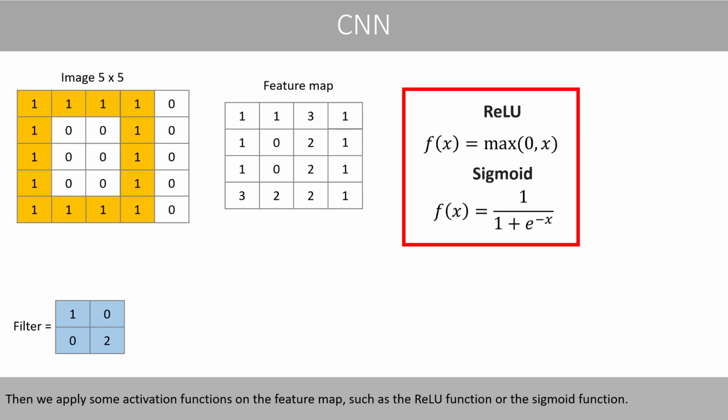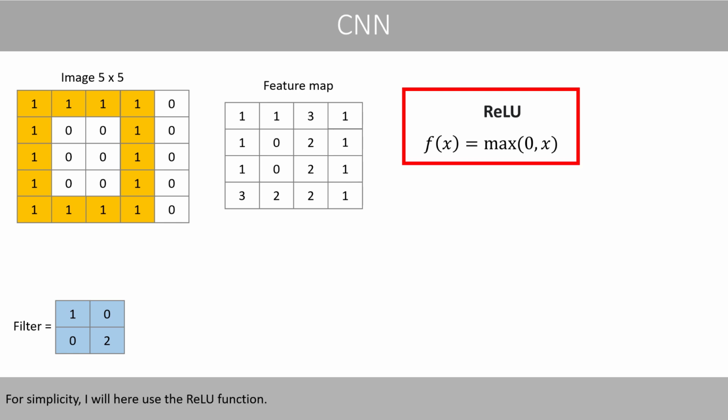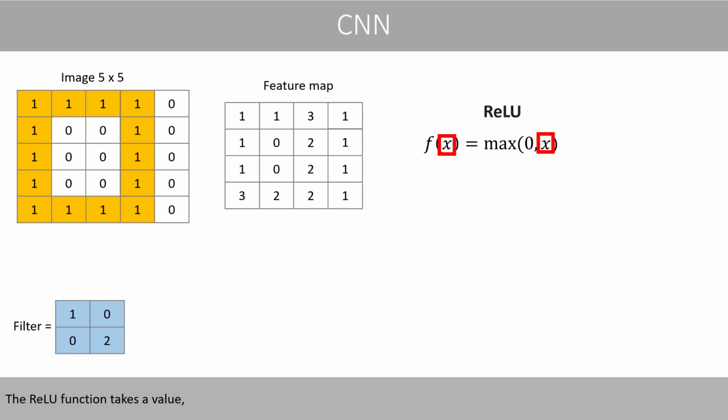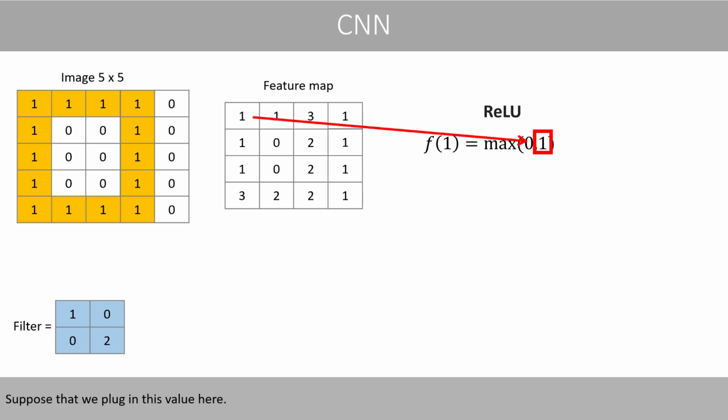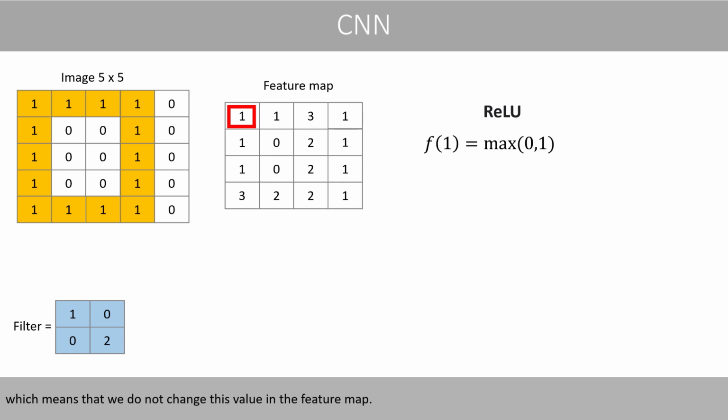Then we apply some activation functions on the feature map, such as the ReLU function or the sigmoid function. For simplicity, I will here use the ReLU function. The ReLU function takes a value and returns the maximum value between 0 and the value we plug in. Suppose that we plug in this value here. The maximum value of these two values is simply 1, which means that we do not change this value in the feature map.